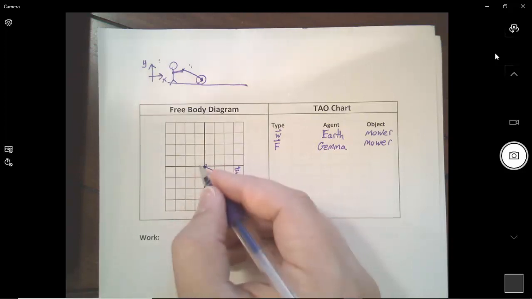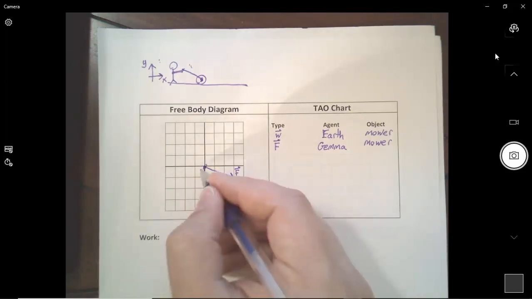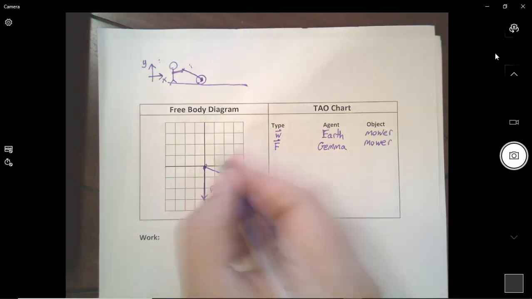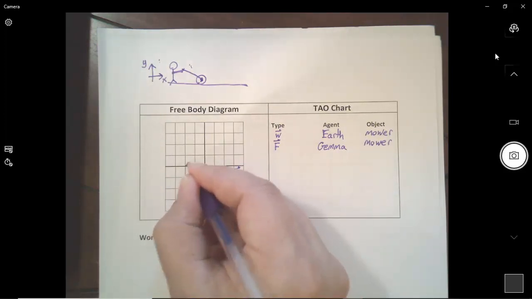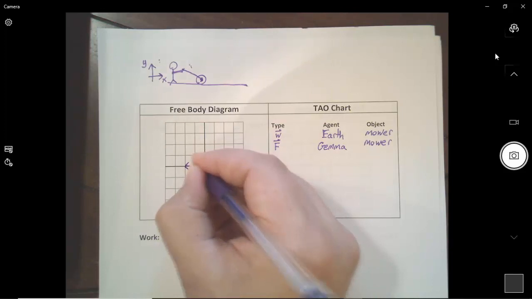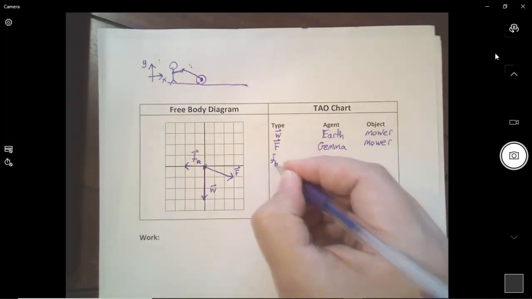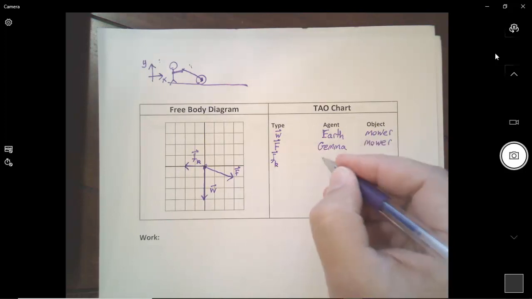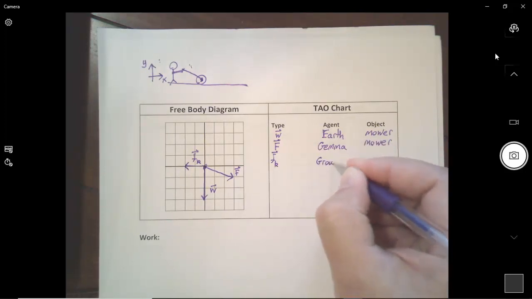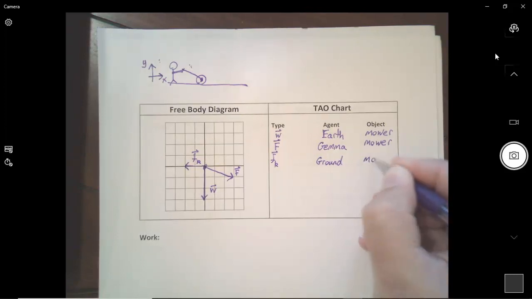So let's think maybe drawing it 2 tick marks to the left. We said that would be kinetic friction. The agent is the ground. And the object is the mower.